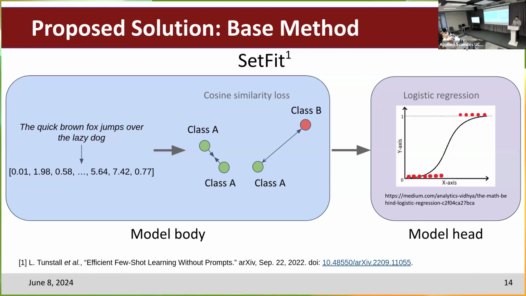First, a sentence transformer model body is trained to efficiently encode text belonging to different classes in the embedding space, and then the embeddings produced with a fine-tuned sentence transformer model body are used to train a model head, which is typically a logistic regression or a single layer neural network classifier.